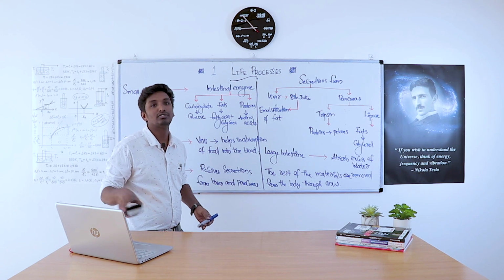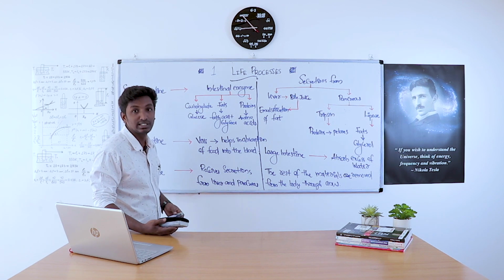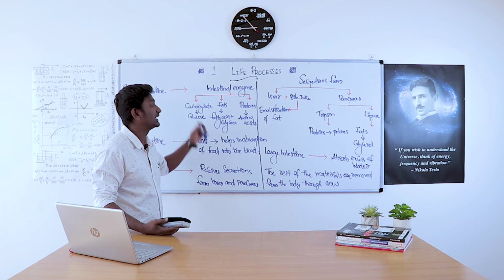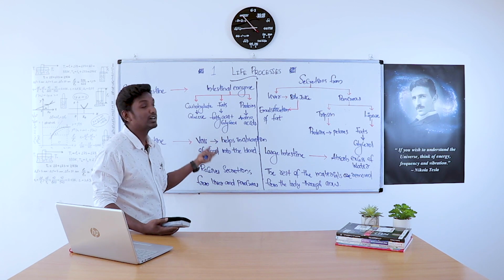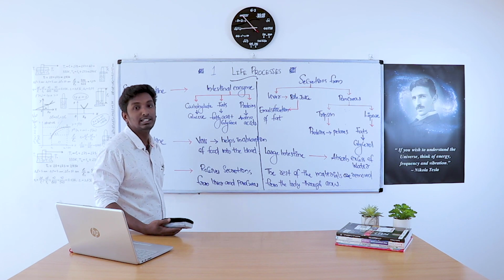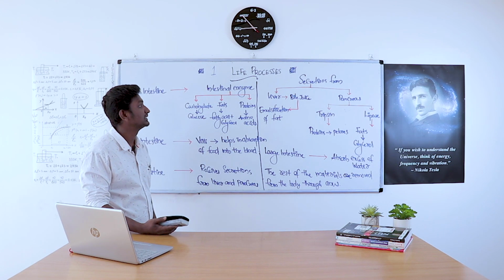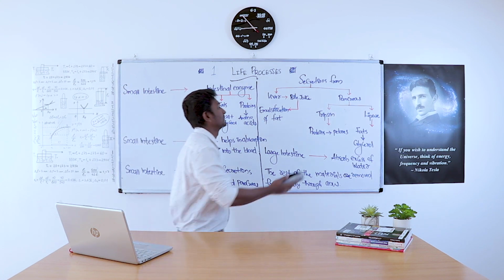This is the process of digestion in human beings, or the process of nutrition in human beings. So starting from mouth, teeth, tongue, salivary glands, esophagus, stomach, small intestine, large intestine, and finally waste is removed through anus. That's the nutrition in human beings.